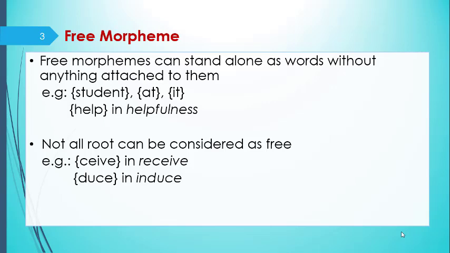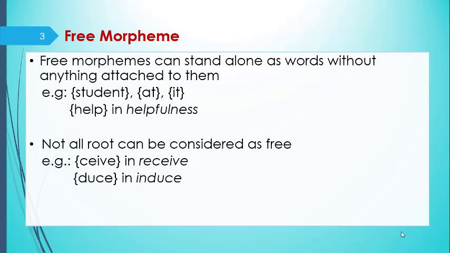For example, the root in receive or induce. The root is ceive and duce. Ceive cannot stand alone as a word because it doesn't have its own meaning. Ceive tidak punya makna sendiri, duce juga tidak punya makna sendiri. But they are the root of the words receive and induce.